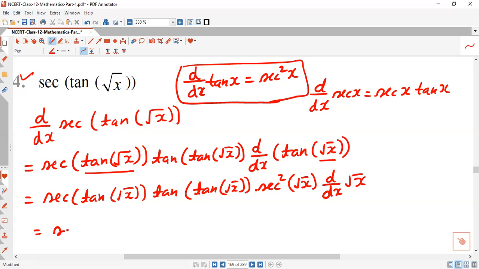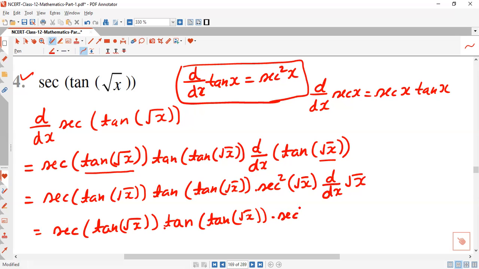So I will write down here sec of tan of root x, into tan of root x, into sec square of root x, into the differentiation of root x, which is half, 1 by 2 into x raised to minus half.